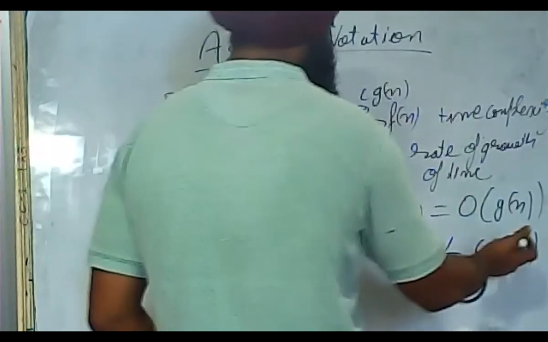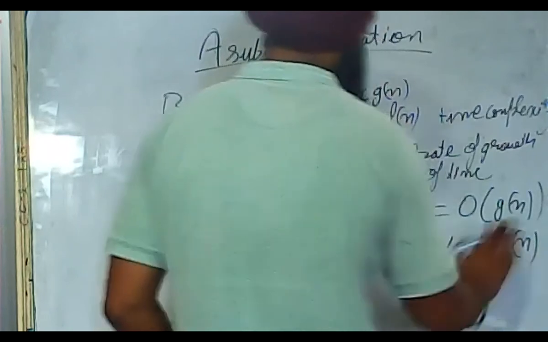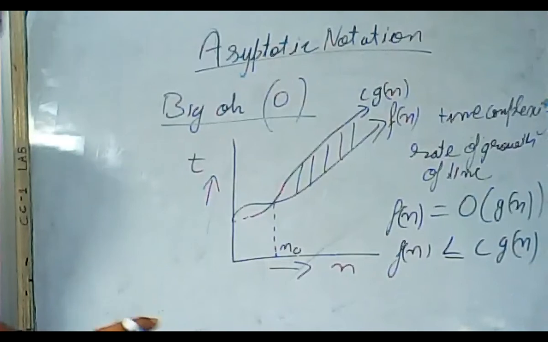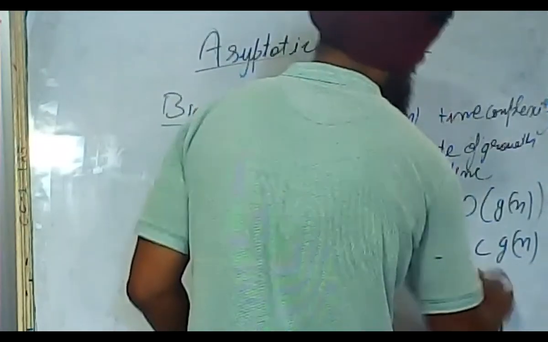C is nothing but some constant, and c should be greater than 0.